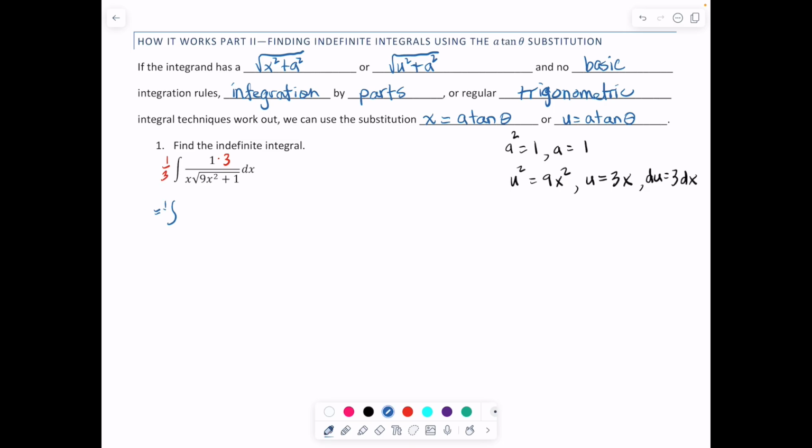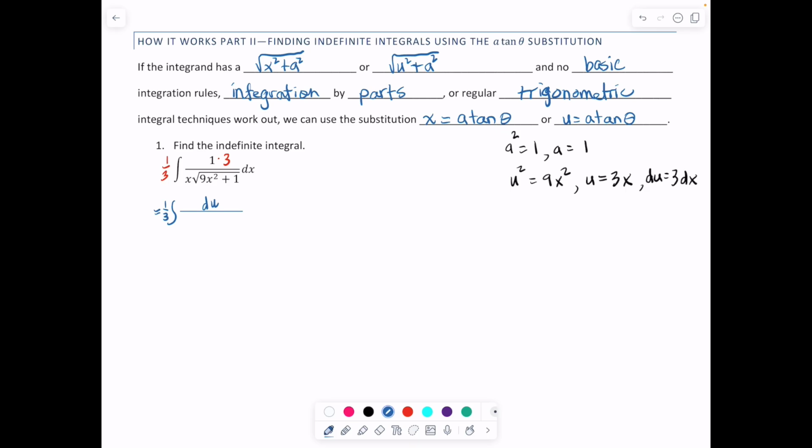So we'll have 1/3 times the integral of, I'm just going to put du in the numerator, you can do that. So du over, stopped because we have an x, but we need to be in terms of u, and u is equal to 3x. Are we good?